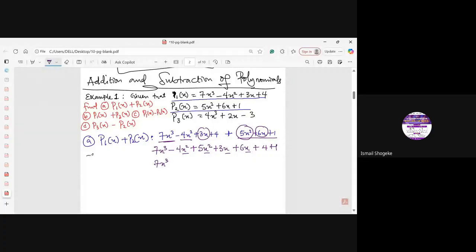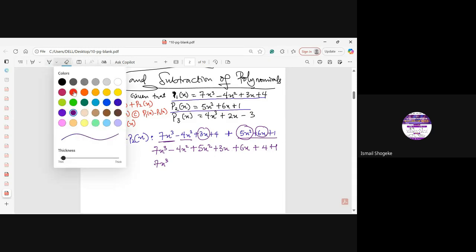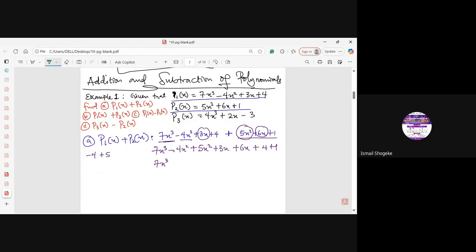Now, anytime you see minus 4 plus 5, what you want to do, you cannot touch the x. You see the x, they are fixed. You cannot touch them. Maybe that is where the confusion is coming from. You can't touch this x squared and x squared. You can only touch the numbers in front of them. That's the only thing you can add. So minus 4 plus 5. You are owing Malam Yusha 4 naira.